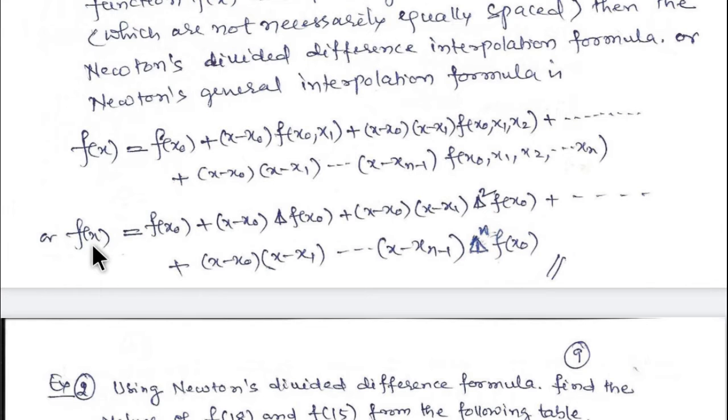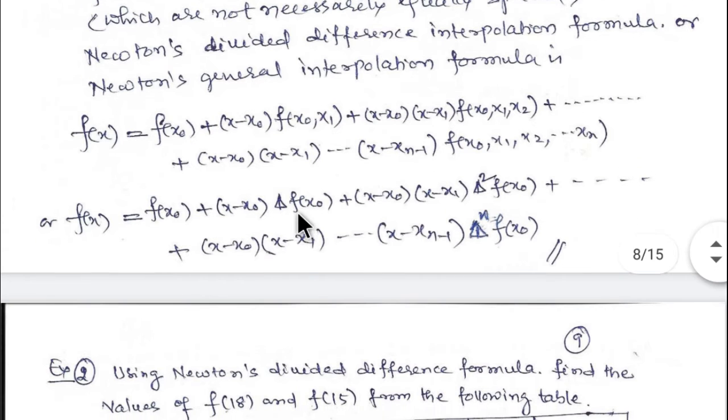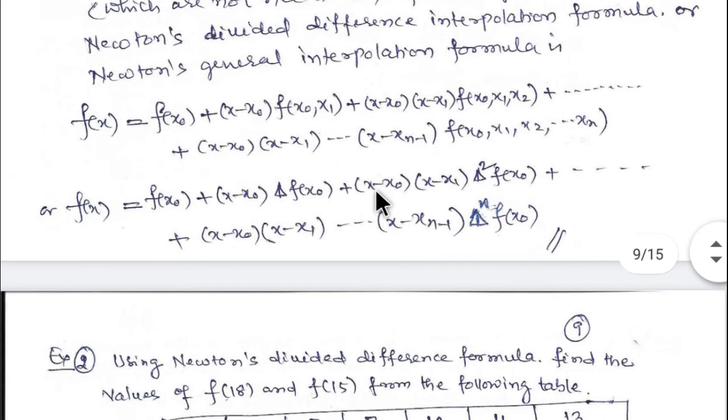This can also be written as f of x equals f of x naught plus x minus x naught, using the divided difference operator, delta of f of x naught, the first order divided difference, plus x minus x naught into bracket x minus x1 del square of f of x naught plus etc., plus x minus x naught into bracket x minus x1 etc. into bracket x minus xn minus 1 delta n of f of x naught.